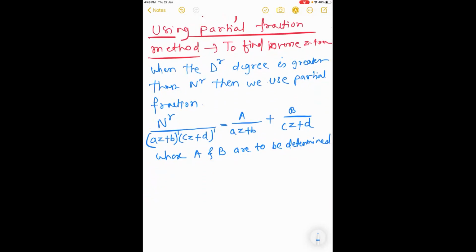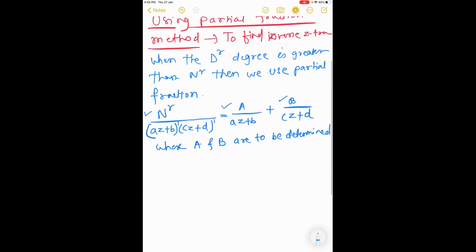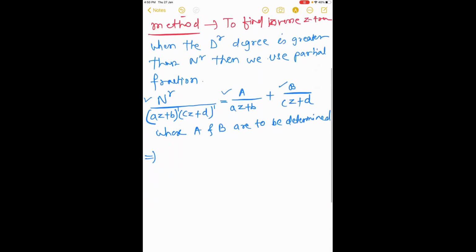Your given fraction, the left side fraction, is the same as the right hand side fraction. That means the left hand side numerator should be the same as the right hand side numerator. And what is the right hand side numerator? That is capital A multiplied by cz plus d plus capital B into az plus b.